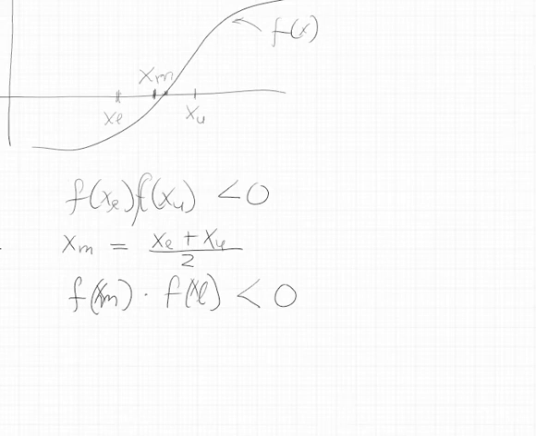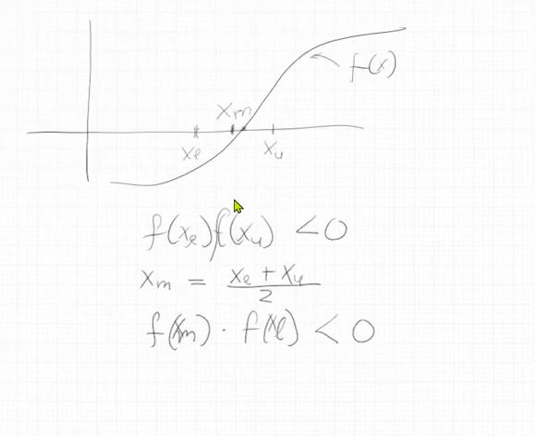Here, this is our f of xm, and this is f of xl. Obviously, if you multiply them, they are both negative, below the x-axis, so the product is not less than 0.